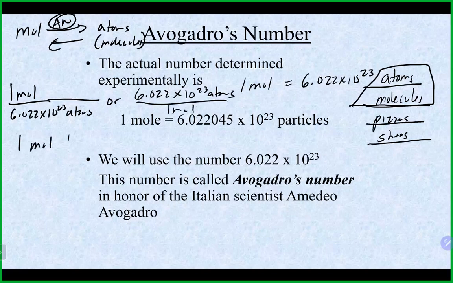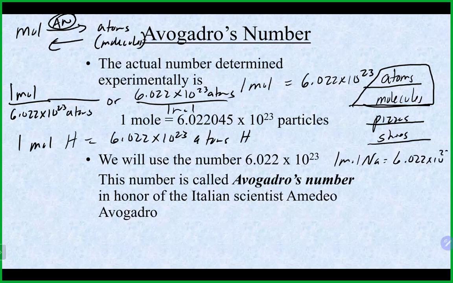1 mole of hydrogen would contain 6.022 times 10 to the 23 atoms of hydrogen. 1 mole of sodium would contain 6.022 times 10 to the 23 atoms of sodium.